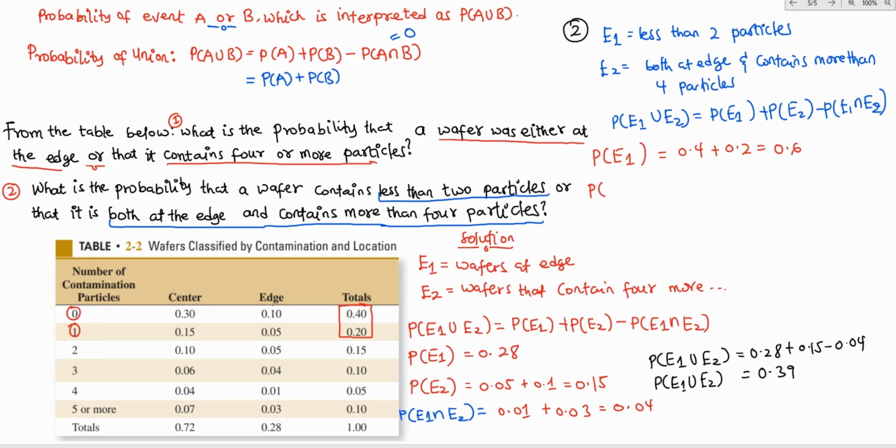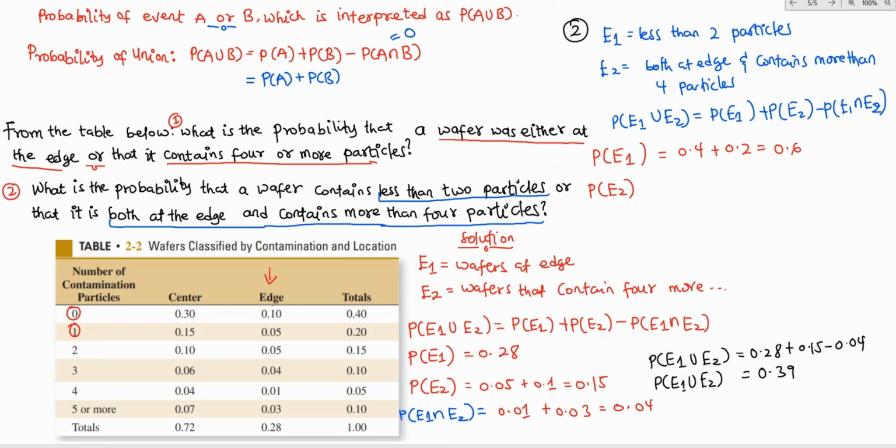So now let's find the probability of E2, which is the probability that a wafer is both at the edge and contains more than four particles. Let's look at the edge column. You are looking at a wafer which is in the edge column and contains more than four particles.